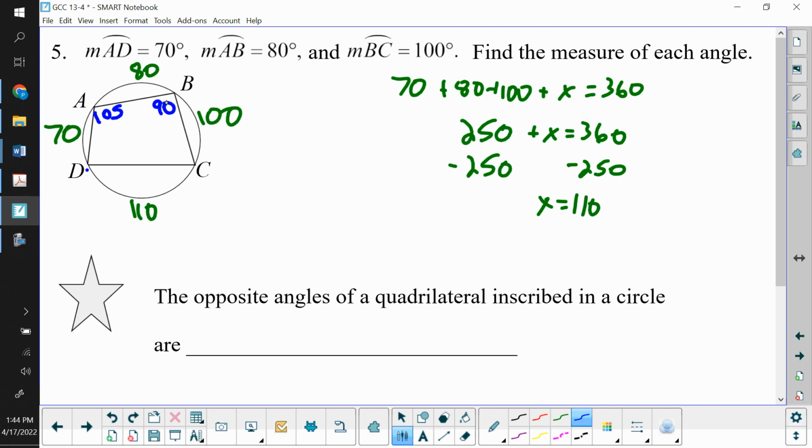C is opening up to the 70 and the 80. So together that's 150. Half of 150 is 75. And D is opening up to the 80 and the 100, sorry. So that adds to 180, so half of that is 90.